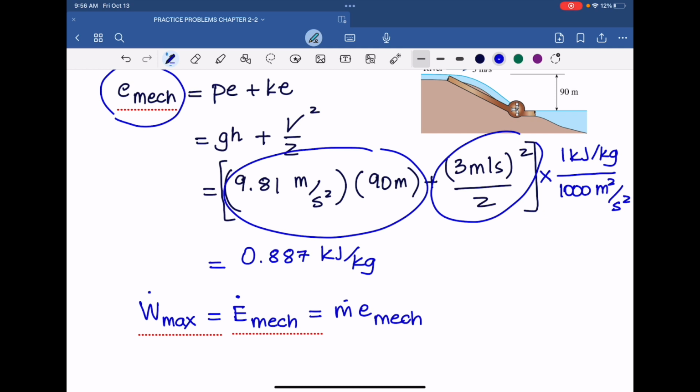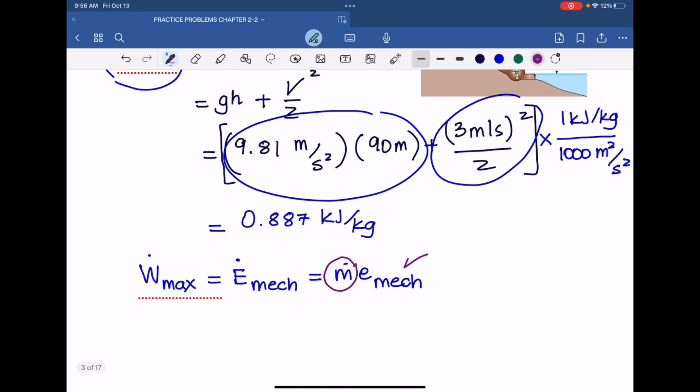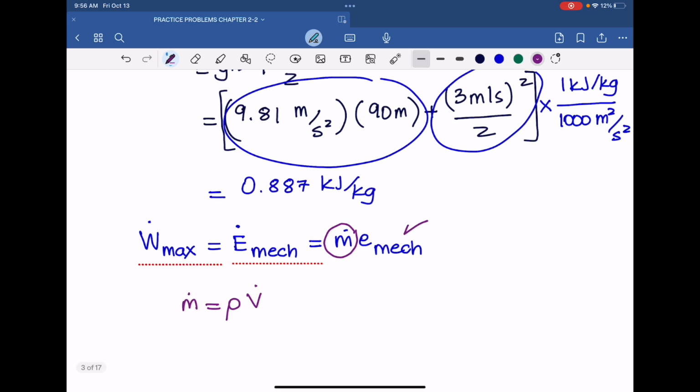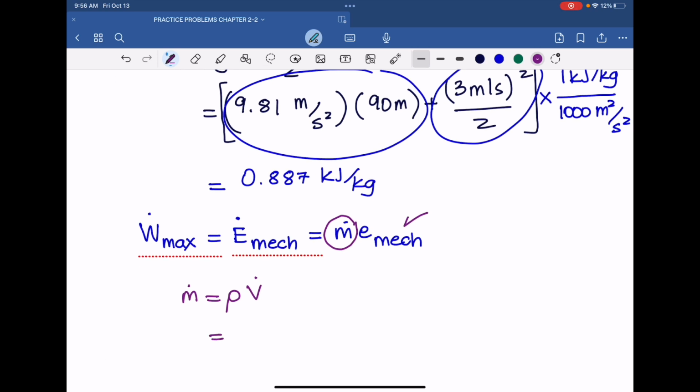I know this term here, but I don't know mass flow rate. The presence of density, given to you, should tell you that you need to use it in your calculation for the mass flow rate, because mass flow rate we know is density times volumetric flow rate. Density is 1000 kilogram per meter cube.